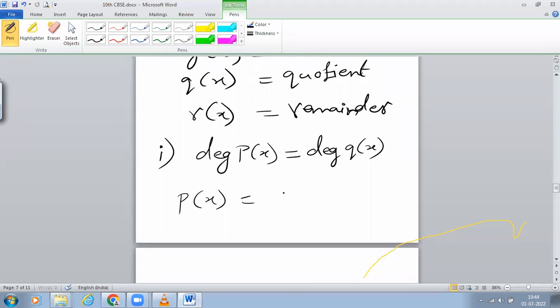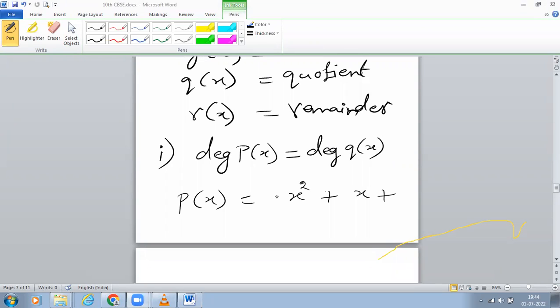But whatever polynomial you are forming, make sure that all the coefficients, that is the coefficient of x square, the coefficient of x, and the constant term, are multiples of a particular number.